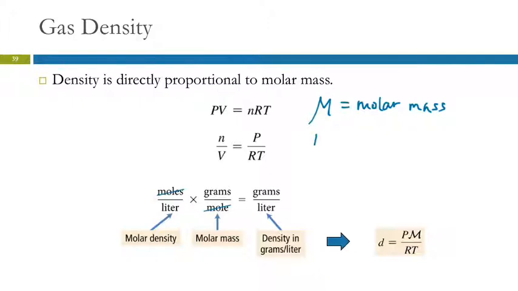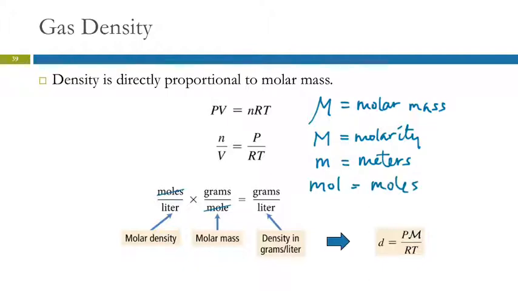And just a regular capital M is molarity, right? And then we have a lowercase m, and that is meters. And then mol is moles. And, you know, it's just, yeah.